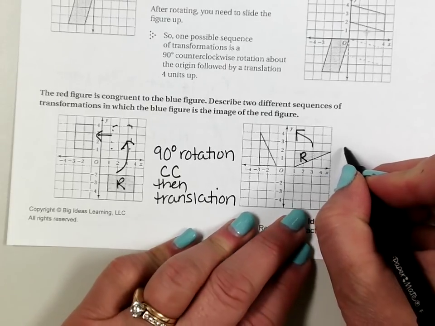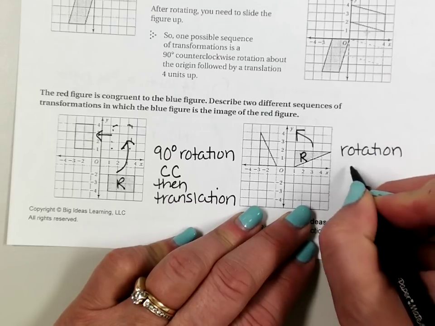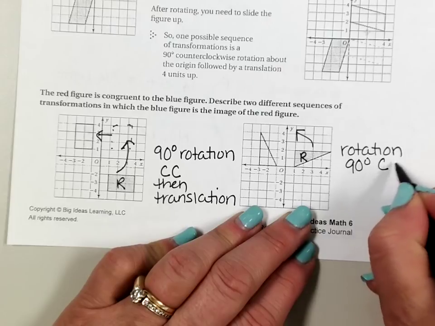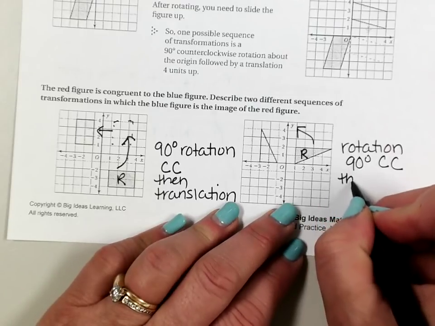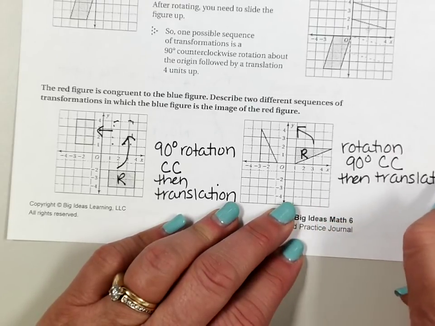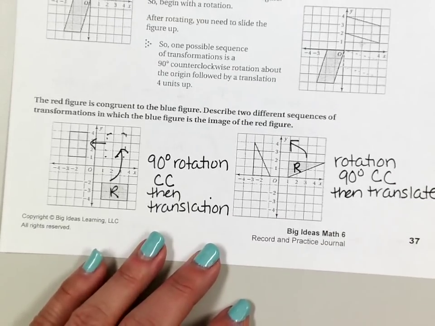So it's definitely a rotation. Again, it only went a quarter, right? 90 degrees counterclockwise because it went left. And then once it does that, it translates. Okay?